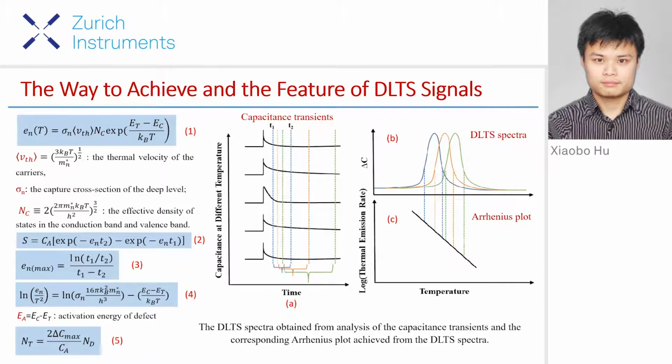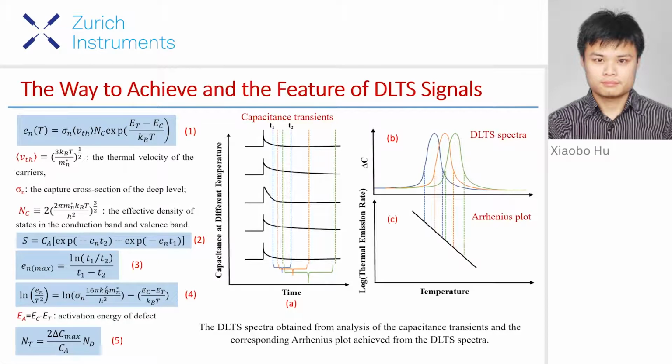These points then are used for plotting an Arrhenius plot as shown in figure C. The approach to obtain this so-named Arrhenius plot is taking logarithms on both sides of formula 4.